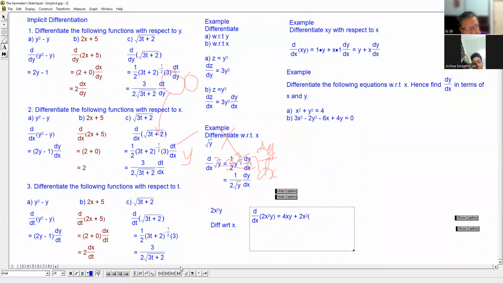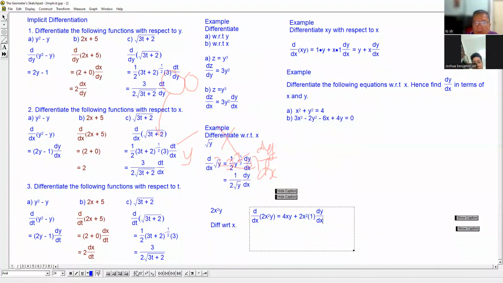Differentiate y becomes 1. But because you are differentiating y with respect to x, you have to put down dy over dx.